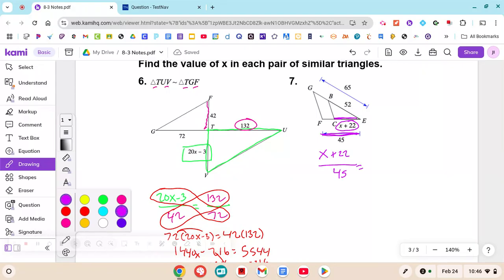Then we'll head to the other side. You got 52. That goes along with the smaller triangle. All over 65. And then we'll cross multiply through that.